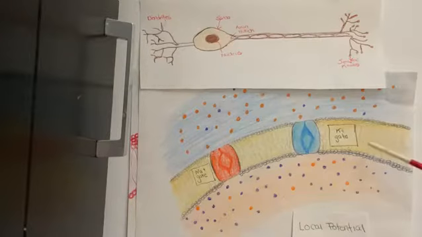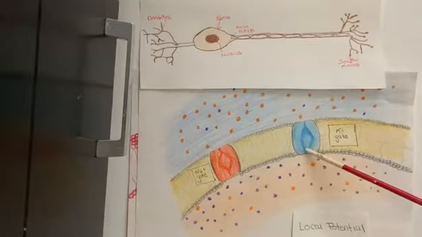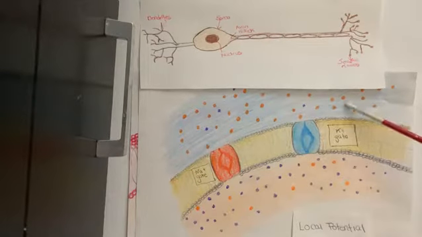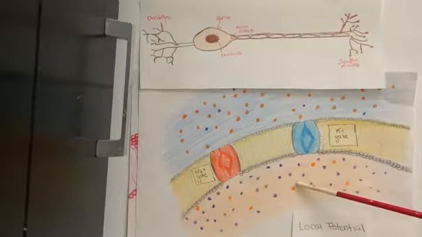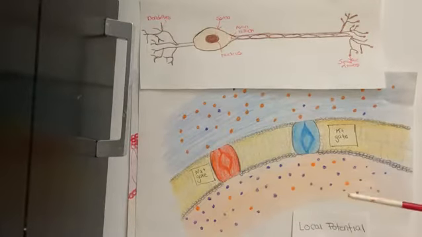Any shift in membrane potential in a positive direction is called depolarization. The opening of this gate and diffusion of these sodium ions into the ICF at the site of the stimulation causes neighboring sodium gates to open as well.